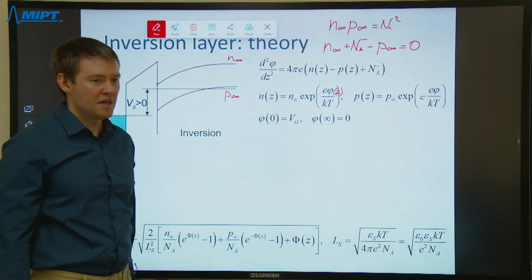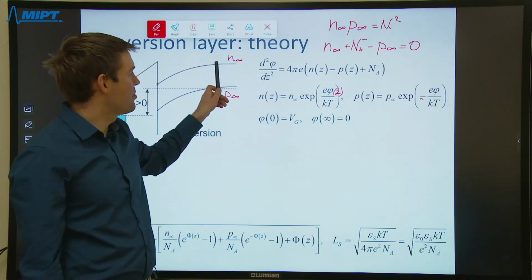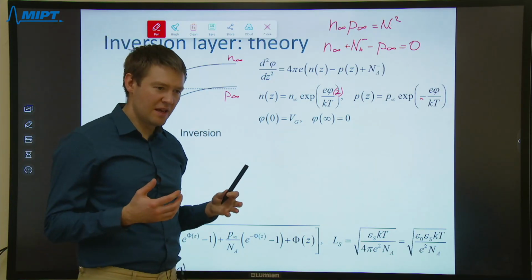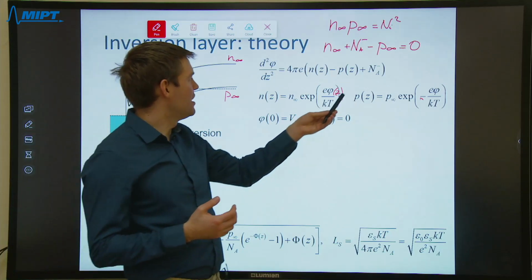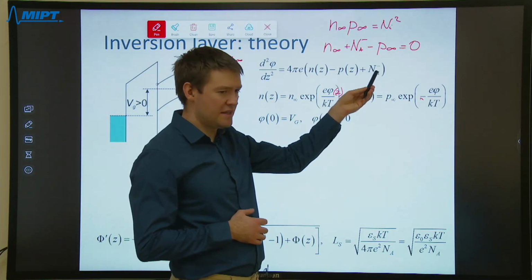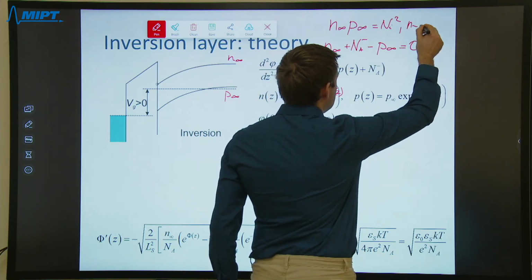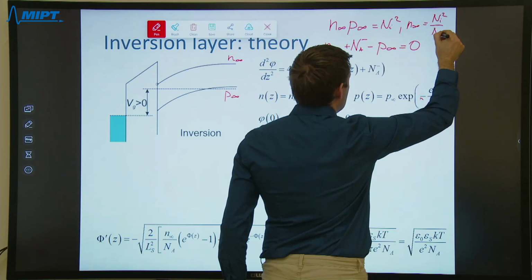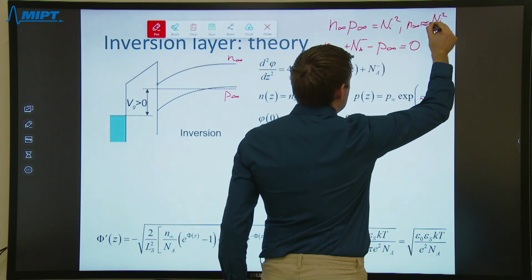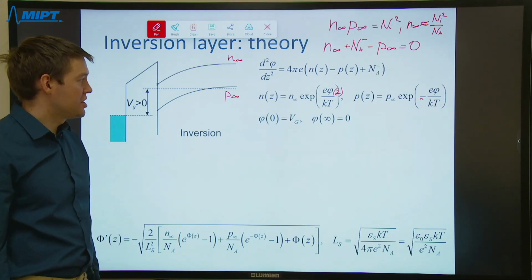This enables us to find the hole and electron density far away from the junction, but approximately the hole density in the doped semiconductor equals the acceptor density, while the electron density is very, very small. This is roughly intrinsic carrier density squared divided by the density of charged acceptors.